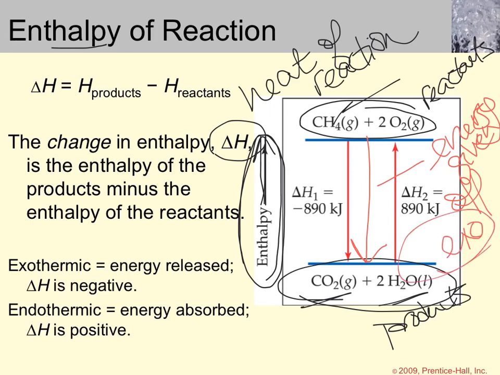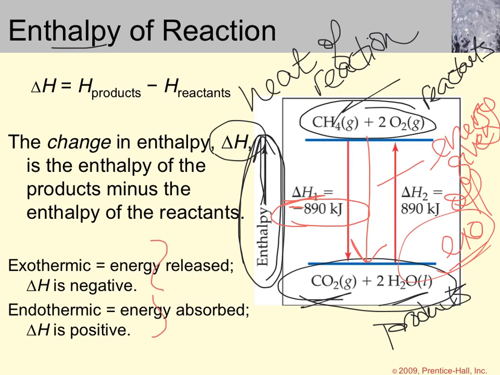Here's a little nugget of information to store in your memory cells. Combustion reactions are always exothermic. That's why we use them to heat our homes and warm us and all sorts of things. And if you remember the sign convention for enthalpy, that means the change in enthalpy for a combustion reaction will always have a negative sign in front of it.